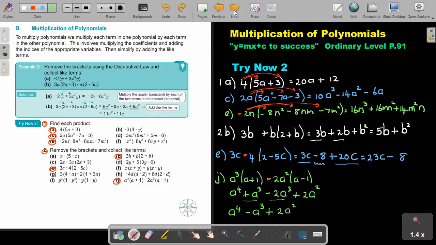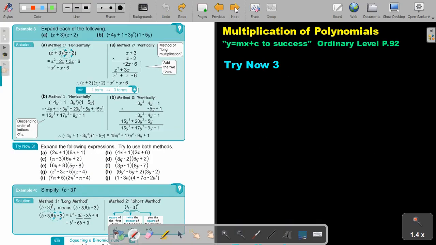Okay, let's move on. This was easy because I think we did it also in grade 9. So it was just one term in front of the bracket. Let's move to the next page. Okay, now this is more complicated. I think we also did it in grade 9, but just as revision, this is going to be two binomials that we're going to multiply.